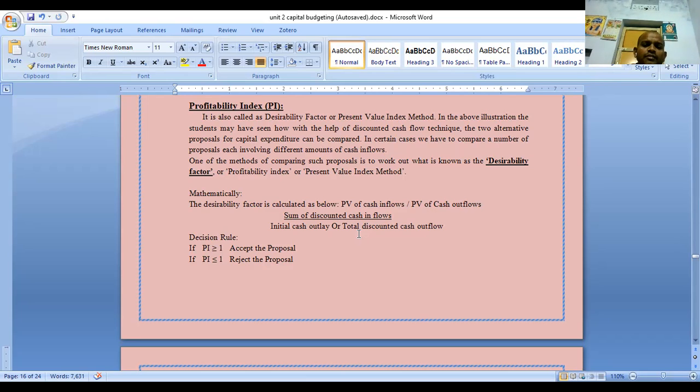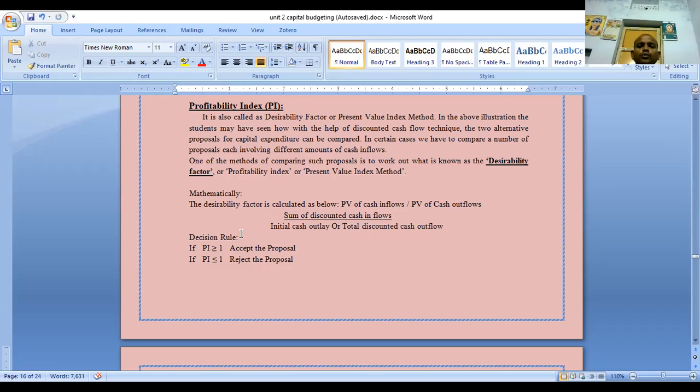So the desirability factor is calculated as the sum of discounted cash inflows divided by initial cash outflow or total discounted cash outflow. So in simple terms, PV of cash inflows by PV of cash outflows.